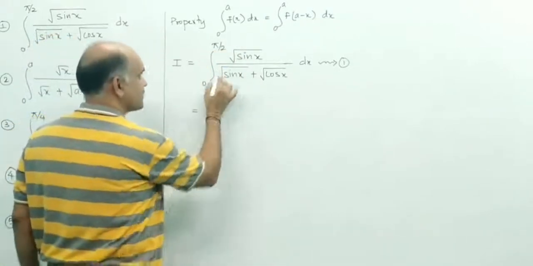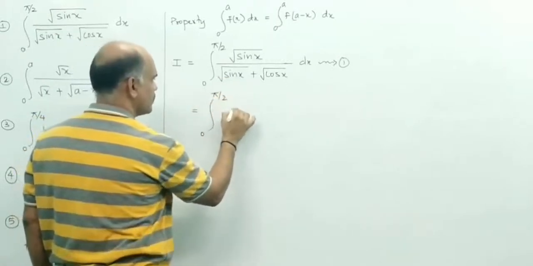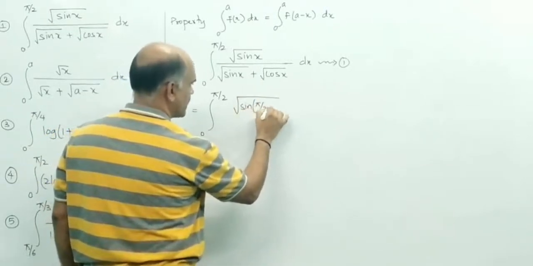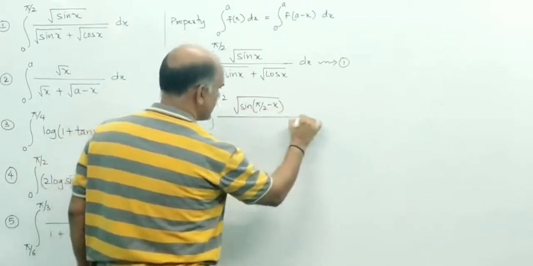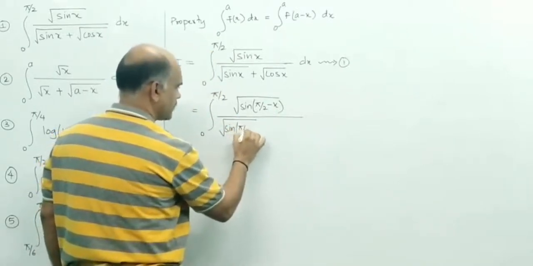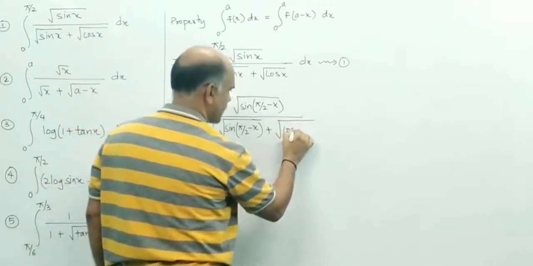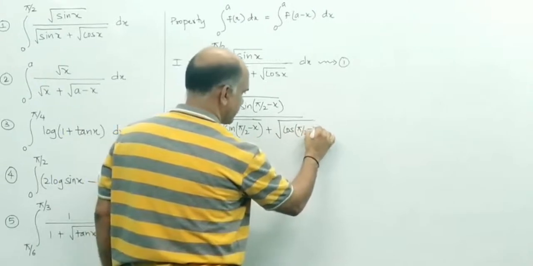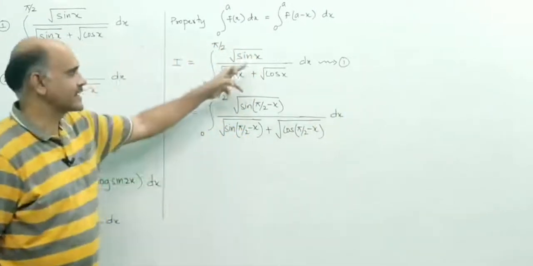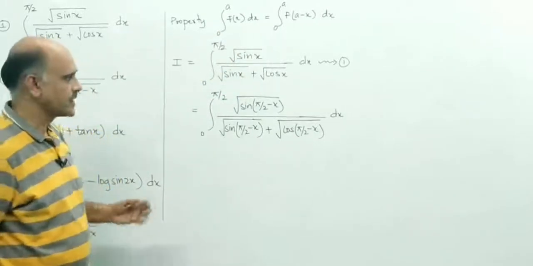So if I write it by using the property, 0 to pi by 2 root of sin of pi by 2 minus x divided by root of sin of pi by 2 minus x plus root of cos of pi by 2 minus x dx. Clear, students? Just using property, wherever x is there, I have written it as pi by 2 minus x.